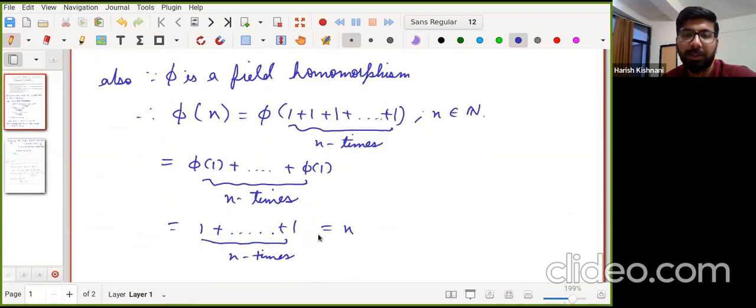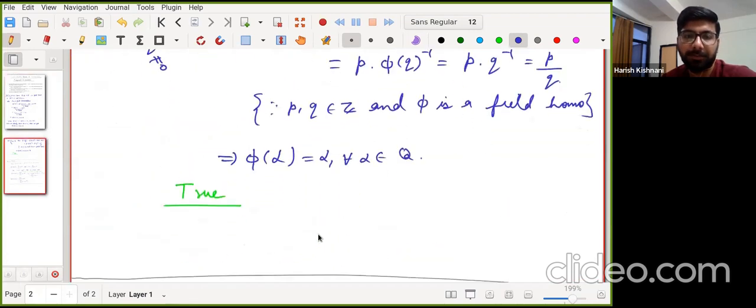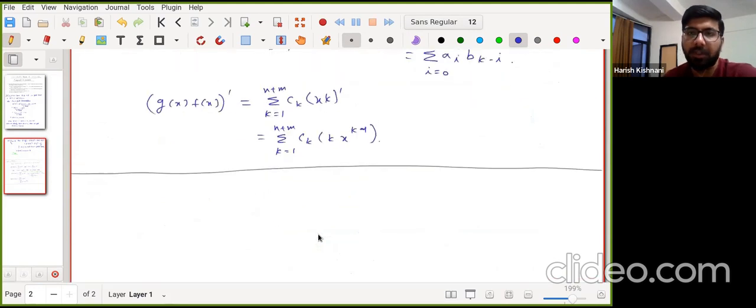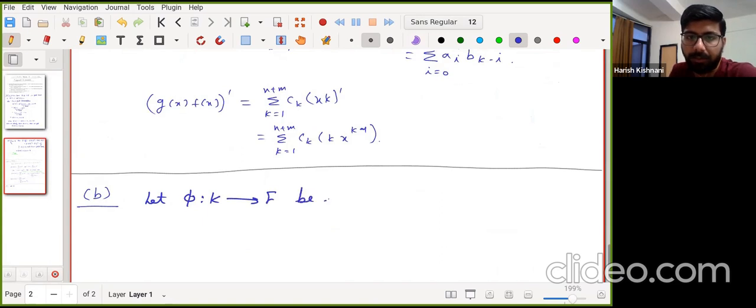But that is not going to be the case. This says, let phi from K to F be a field homomorphism.